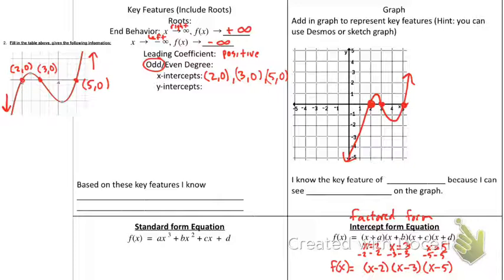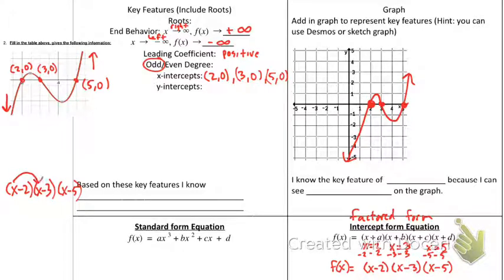So let's take x minus 2, x minus 3, x minus 5, and turn it into standard form by multiplying this out.